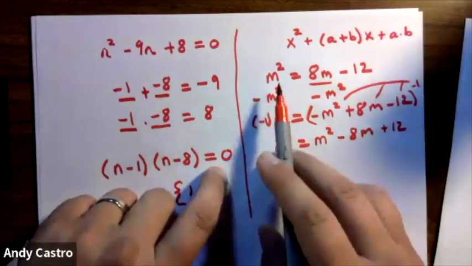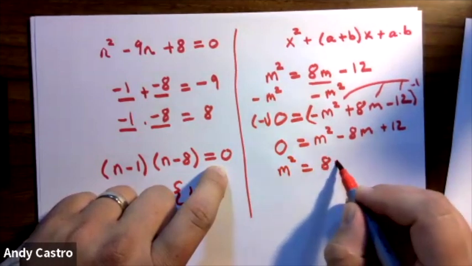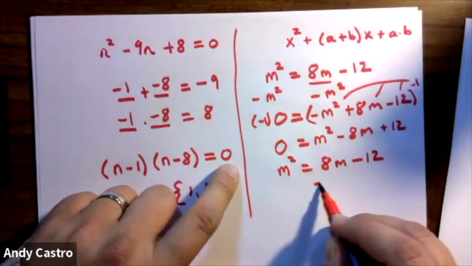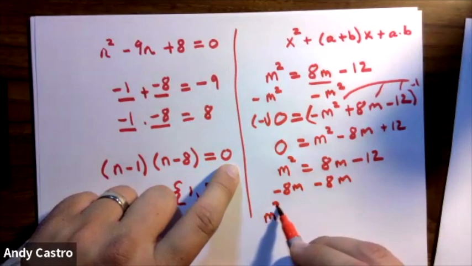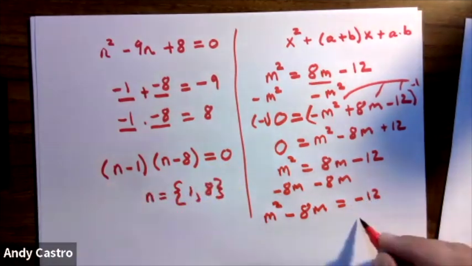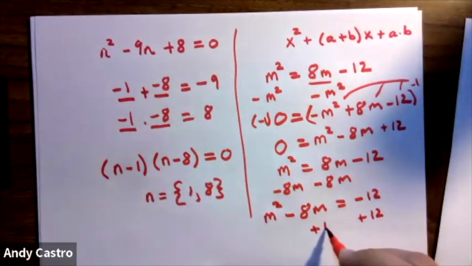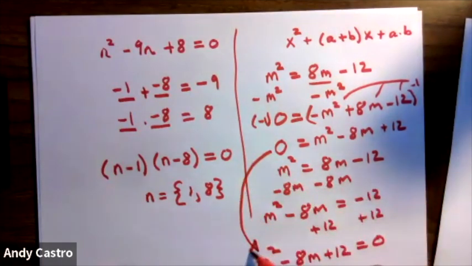Now, it's actually easier if I start with my original problem. If I just subtract 8m from both sides, and then add 12 to both sides, so both end up with the same scenario.